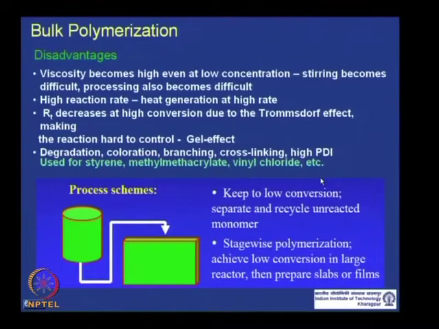So, what is done? It is still utilized for, say, making polystyrene, polymethyl acrylate, polyvinyl chloride. Typically, you start the reaction and keep it at low conversion, so that viscosity buildup is not too high, not unmanageable, and then stop the reaction, take out the polymer and restart the reaction again, so that you can get high molecular weight, high rate of polymerization without building very high viscosity.